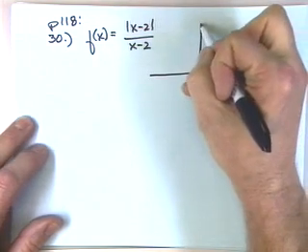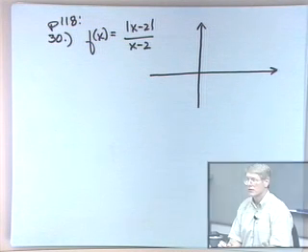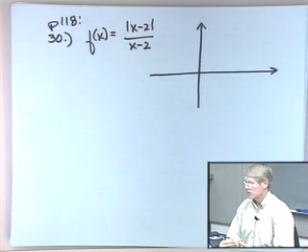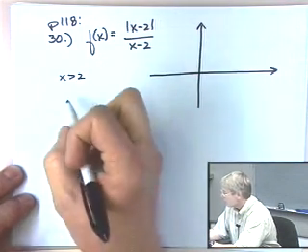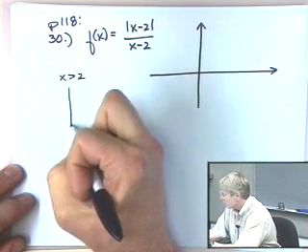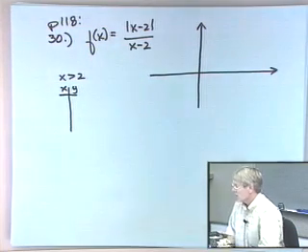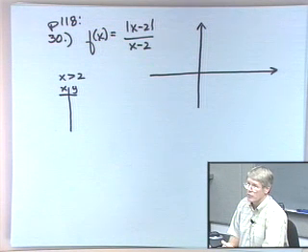Now, is 2 kind of a transition point for this function? If you put in numbers larger than 2, does the absolute value really have any meaning? The numerator is positive, the denominator is positive. So if I pick a value greater than 2, and I know I've got to stay away from 2, the numerator and the denominator would be the same.